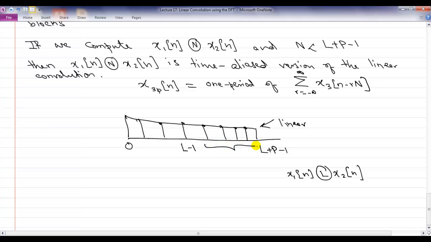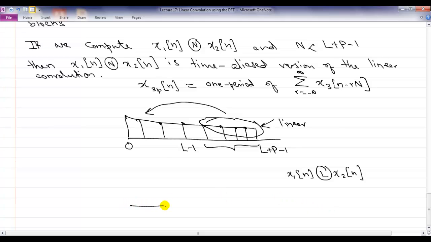So this remaining piece, these P minus 1 samples, where would those samples go? Those samples will simply be wrapped around and they will come here, at the front. And so those P minus 1 samples will corrupt the first P minus 1 samples of your output.